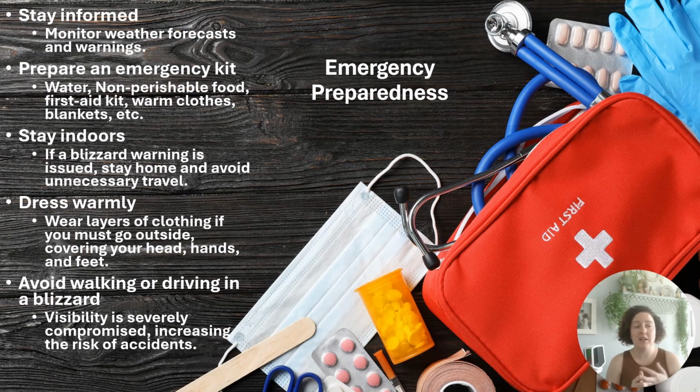First aid kit, you just know where the bandages are and just don't be silly. And then warm clothes. I've seen the way y'all come to school, so the idea that you are wearing warm clothes on a blizzard day, you have blankets, you have your closets available to you, things like that. Okay.